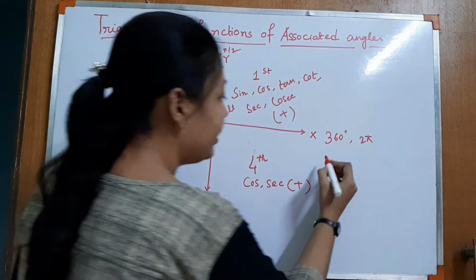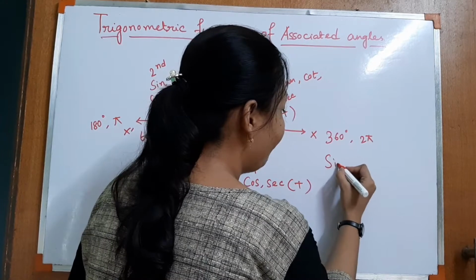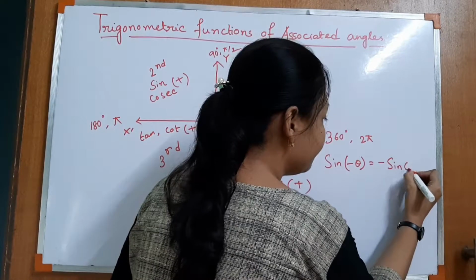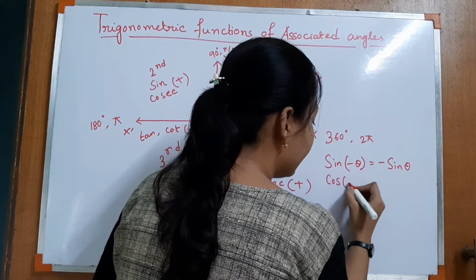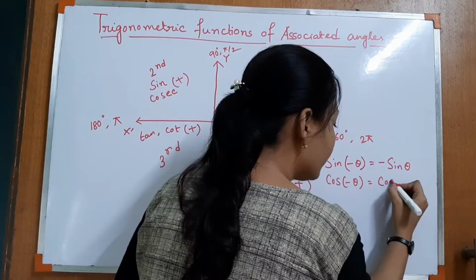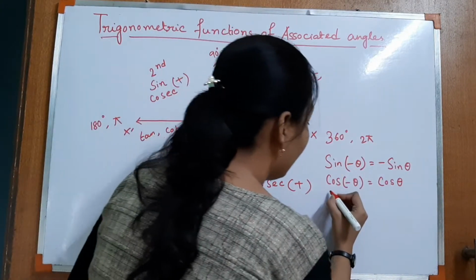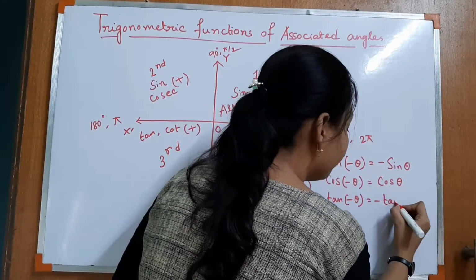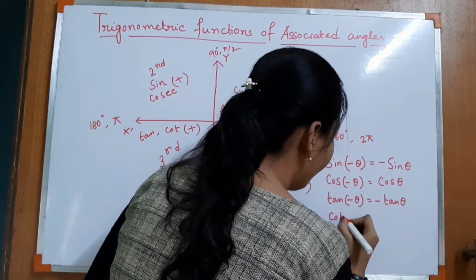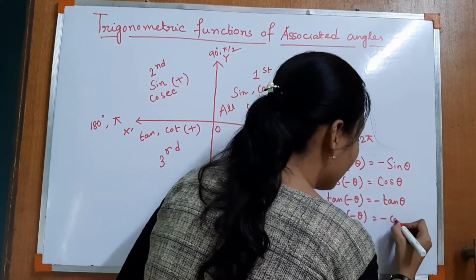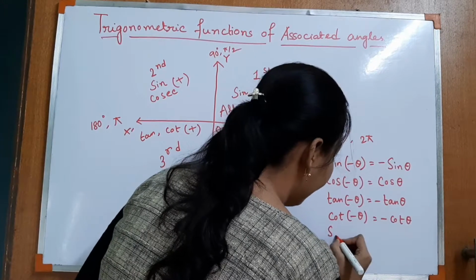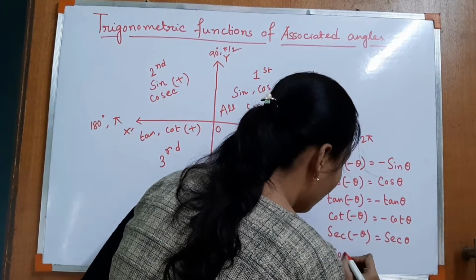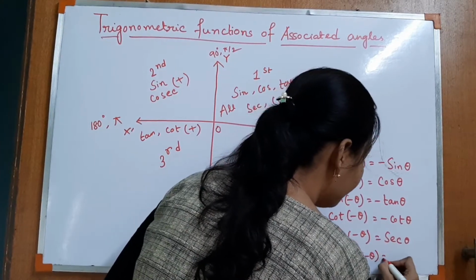We have also to remember that sine of minus theta gives minus sine theta, cos of minus theta gives cos theta. Okay. Tan of minus theta gives minus tan theta, cot of minus theta gives minus cot theta, sec of minus theta gives sec theta and cosec of minus theta gives minus cosec theta.